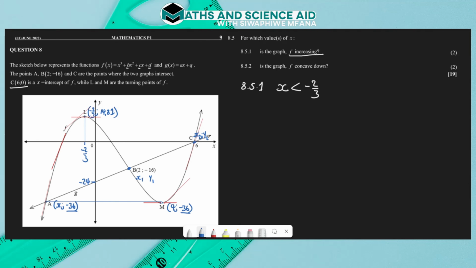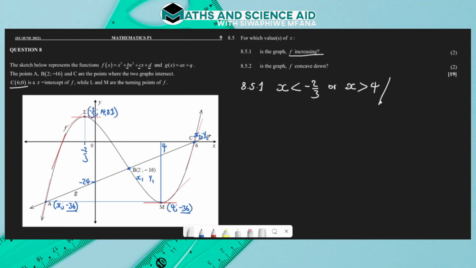But on the other end, if the values of x are greater than 4, you can also see that our function f is again increasing. So, or x must be greater than 4. So this is our solution to 8.5.1. These are those values of x where the graph of f is increasing.